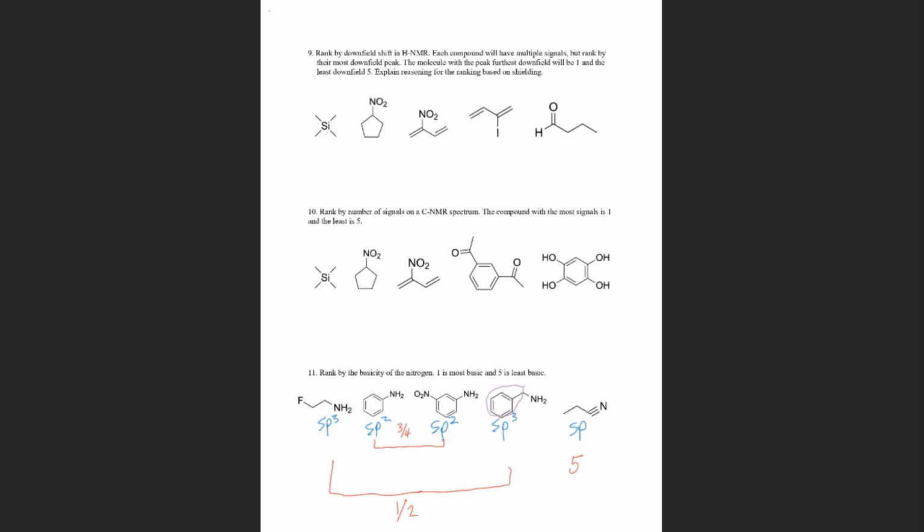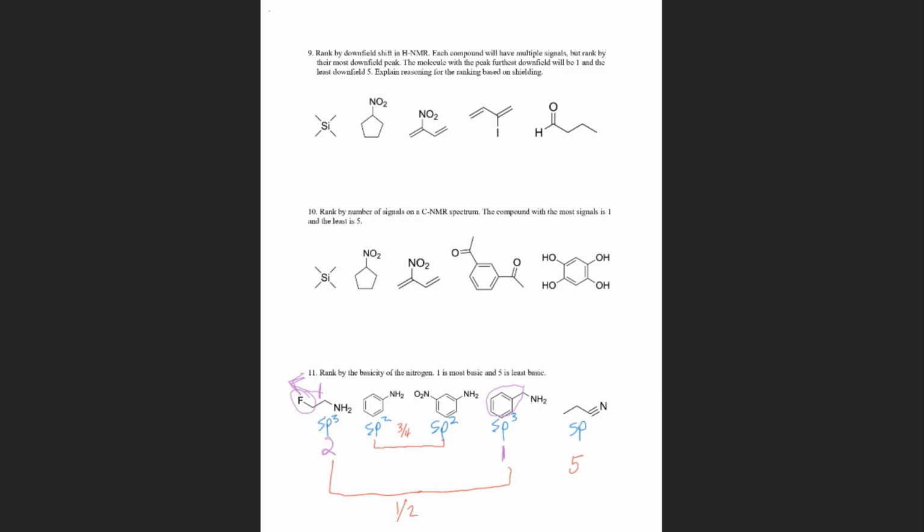It's got a giant cloud of electrons around it. So it will donate. But I guess that's not as important as the presence of this fluorine over here. That is an electron withdrawing group, so we do have a dipole in the molecule going toward the fluorine. If we remember, we said electron withdrawing groups destabilize the conjugate acid, therefore making it a worse base. I would expect 1 and 2 for the rankings.